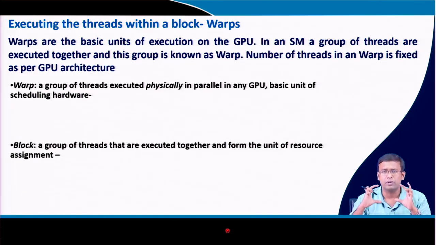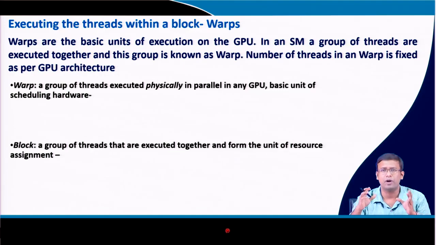So, a group of 32 threads are combined, taken together, and go to the streaming multiprocessor and are executed. The group of threads that are executed physically in parallel, these 32, is the basic unit of scheduling, and this is a hardware dependent number. This is known as a warp.